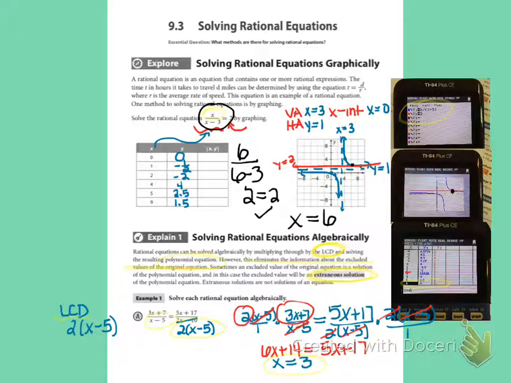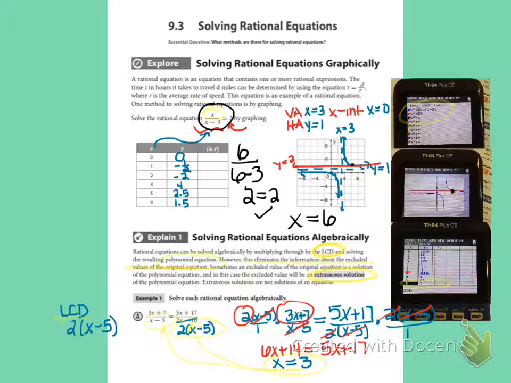So now we talked about this idea of an extraneous solution and how we would know if this value that we got, x is 3, is an extraneous solution. It's really just to go back to the original equation and substitute it back in. Now, as long as your algebra is all correct, you really just need to substitute back into the denominators and make sure it doesn't make any of the denominators equal to 0, because that's where those excluded values occur, right?